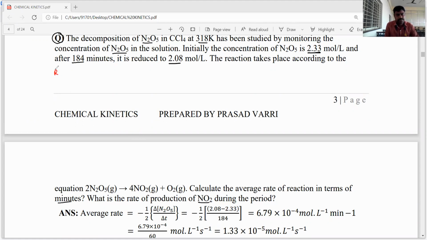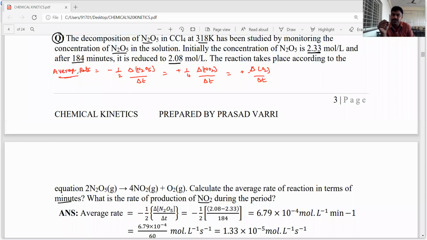So the average rate is equal to, with respect to this equation, minus 1 by 2 delta N2O5 by delta T, which is equal to plus 1 by 4 delta NO2 by delta T, meaning the rate of formation of NO2 divided by delta T, which is equal to plus delta O2 by delta T. Here they asked only for the average rate, so we can express that average rate with respect to N2O5, or NO2, or O2 also.